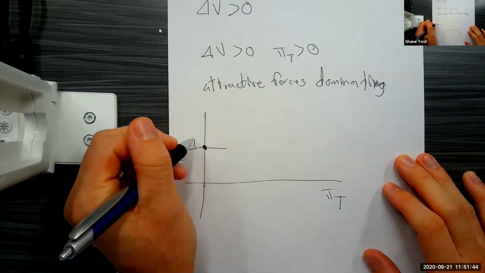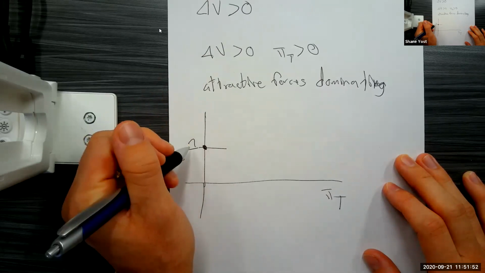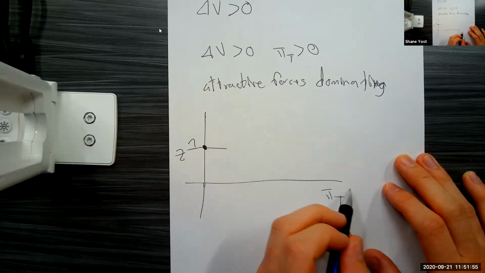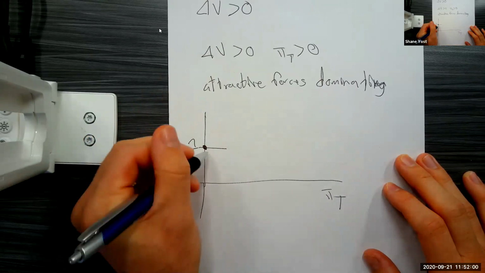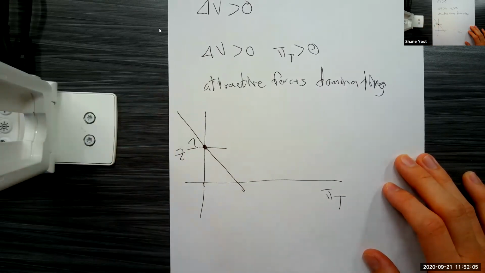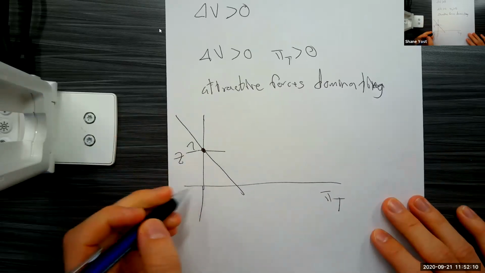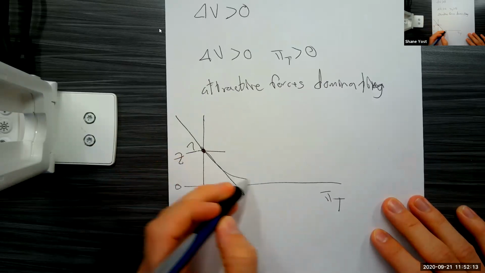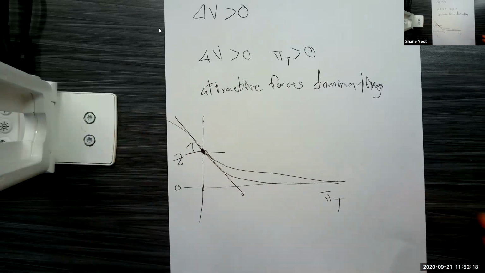Pi sub t greater than 0 means that Z is less than 1, so it'd be like this, some sort of line like that. I guess Z wouldn't quite look like this because Z is never going to be less than 0. It'd be something like this or whatever, some type of thing.